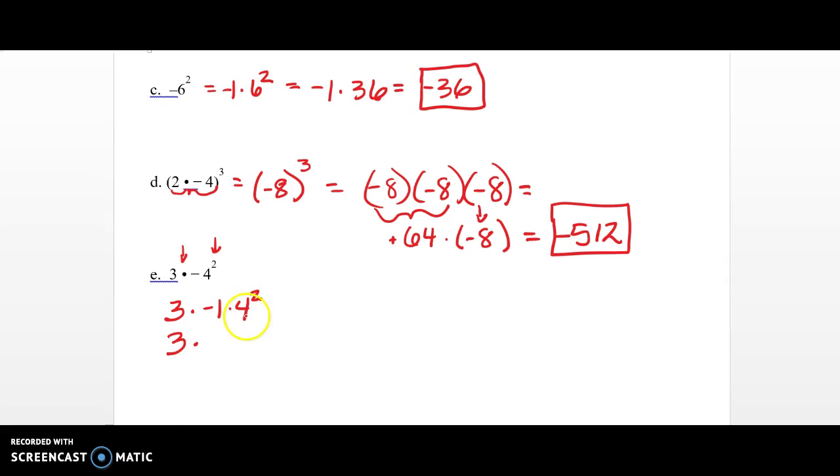Okay? 4 times 4 is 16. 16 times the -1 is -16. All right? Now, I've got a positive times a negative. I get negative, and then I'm going to take 3 times 16, and I get 48.